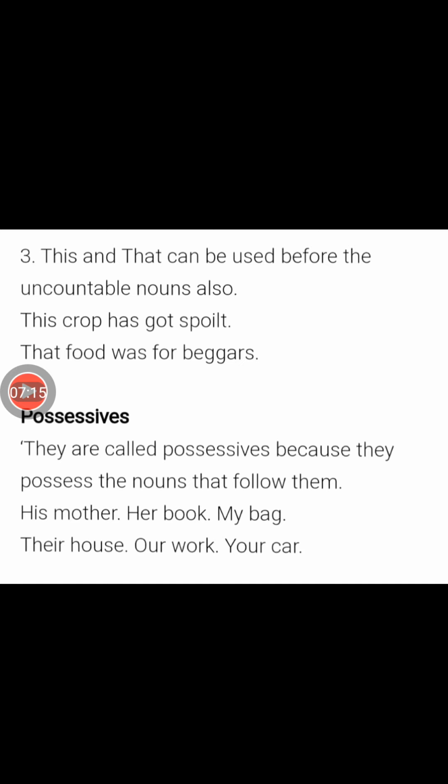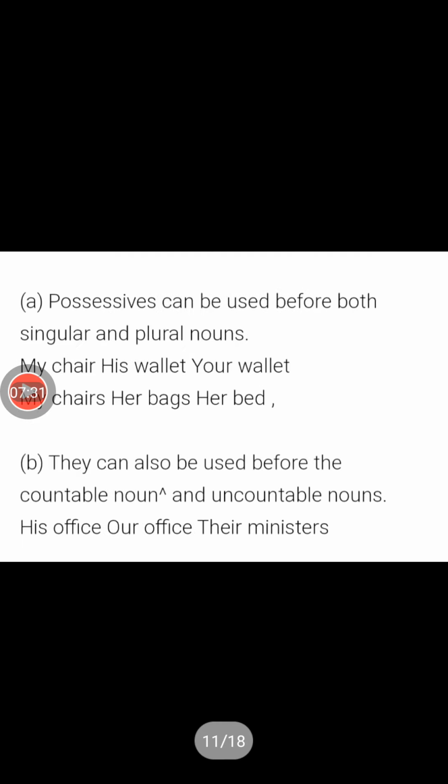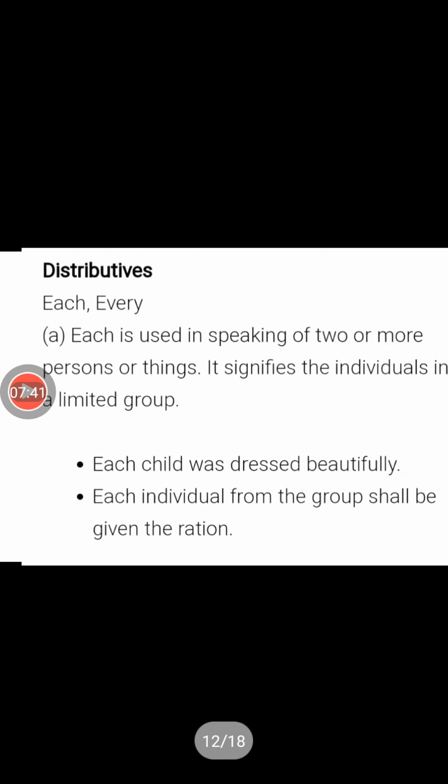They are called possessive because they possess the nouns that follow them, like his mother, his book, my bag, mine, our work, your car, their house. So possessives can be used before both singular and plural, my chair, his wallet, your wallet. They can also be used before countable and uncountable nouns.